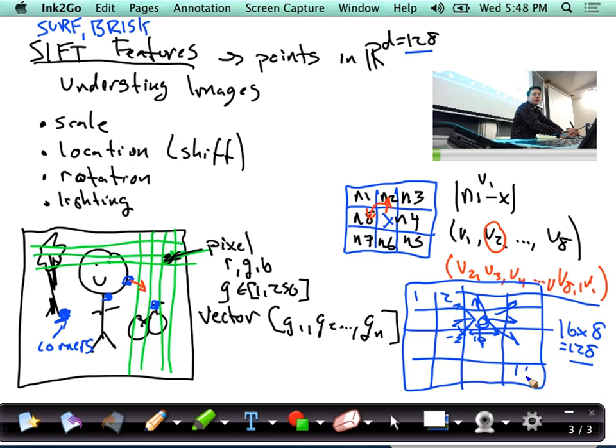So this is 1, 2, 3, up to 16. And each of these, you're going to create one of these vectors here. And all of these values are roughly on the same scale, and you want them to be roughly the same importance somehow.